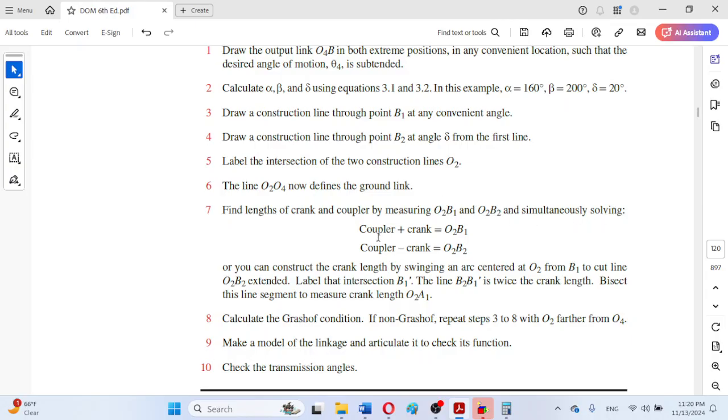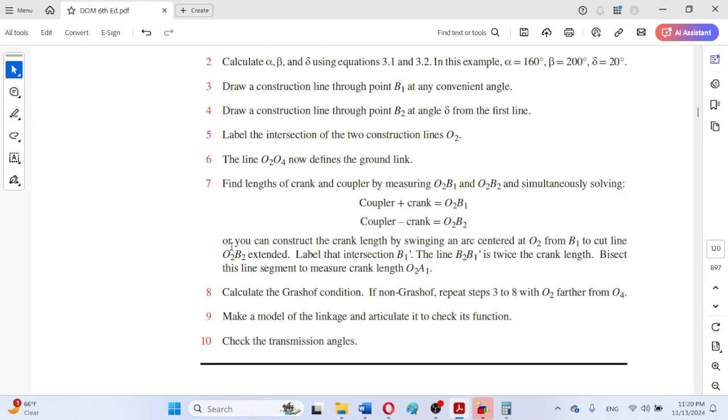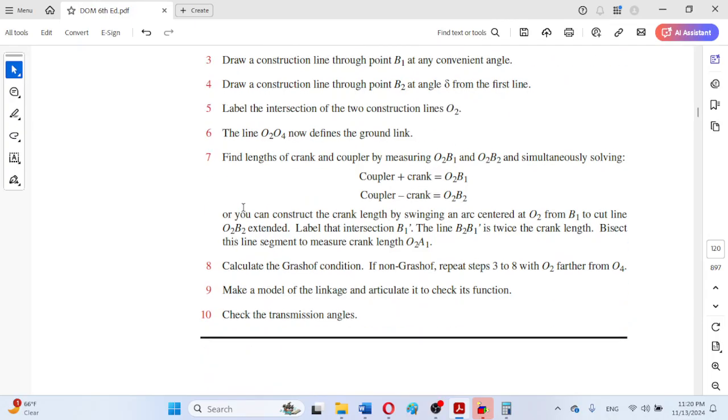As already explained, we can either solve these two sets of equations to determine the length of the coupler and the crank, or the other procedure that the author has mentioned is that you can construct the crank length by swinging an arc centered at O2 from B1 to cut line O2 B2 extended.